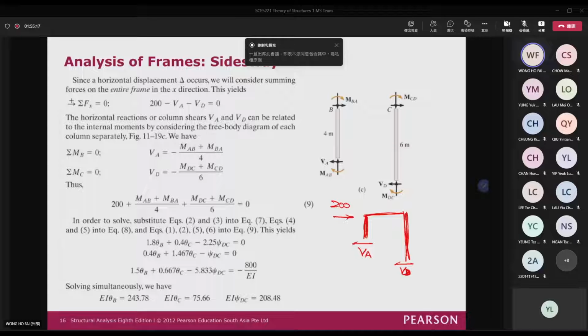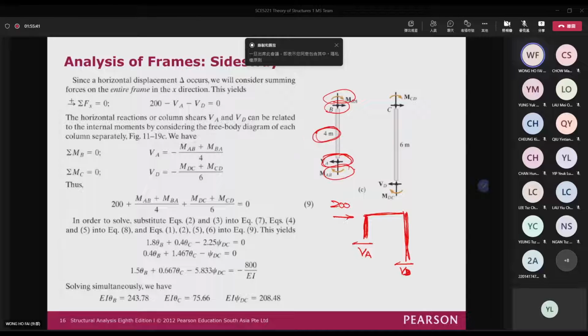And then from the member, you can see that my shear is on both sides, while MBA and MAB are also on the ends of the member. The value of VA is equal to the sum of the moments, MAB plus MBA, divided by the length, and then I can get the shear force at the member ends.